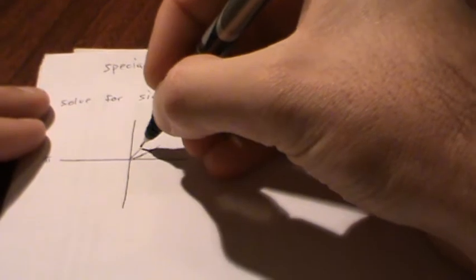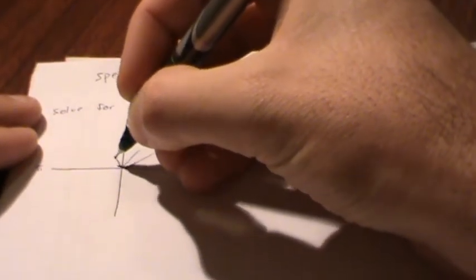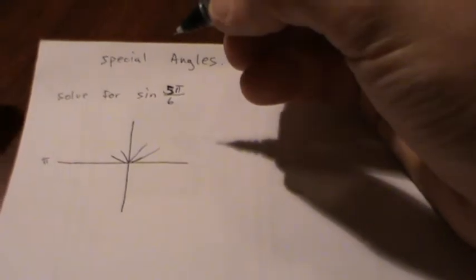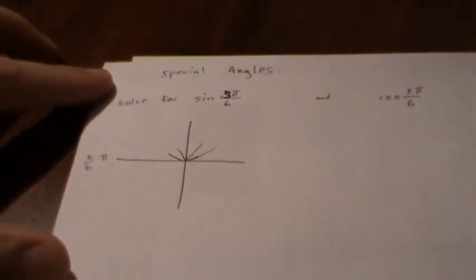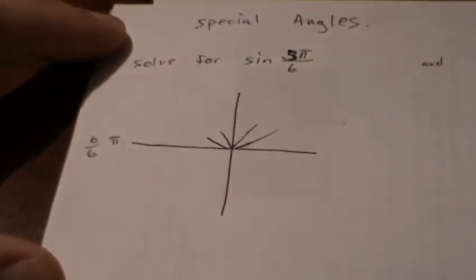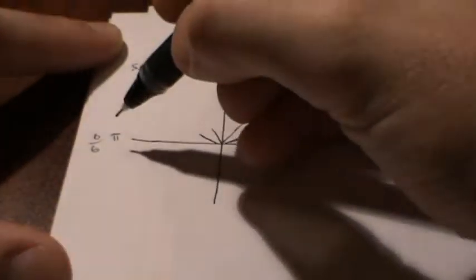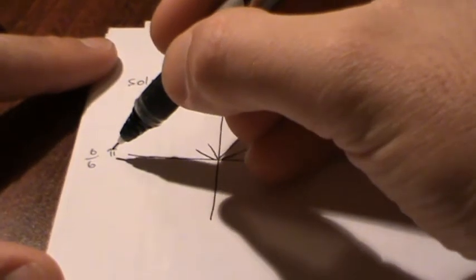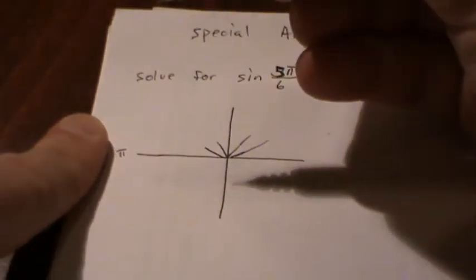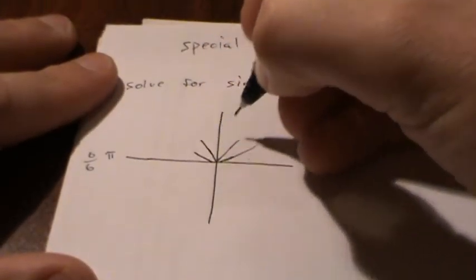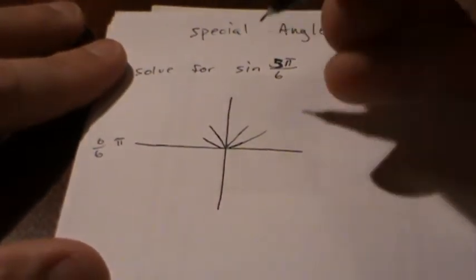There's 1, 2, ... 6 pi over 6 would be here, or a full pi. For some reason people have trouble realizing that 6 pi over 6 is actually the same as just pi. And so the idea is that you want to go to 5 pi over 6.